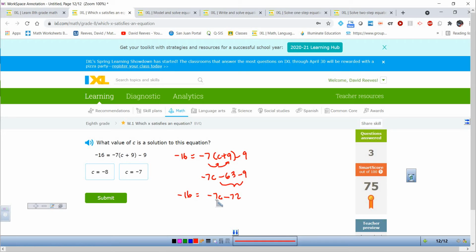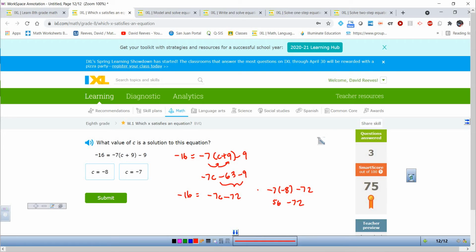All right, and then it's a matter of, is it negative 8 or is it negative 7? Well, if I do negative 7 times negative 8, that's going to give me positive 56. Let me see if I can get this eraser out, okay? And then 56 minus 72.